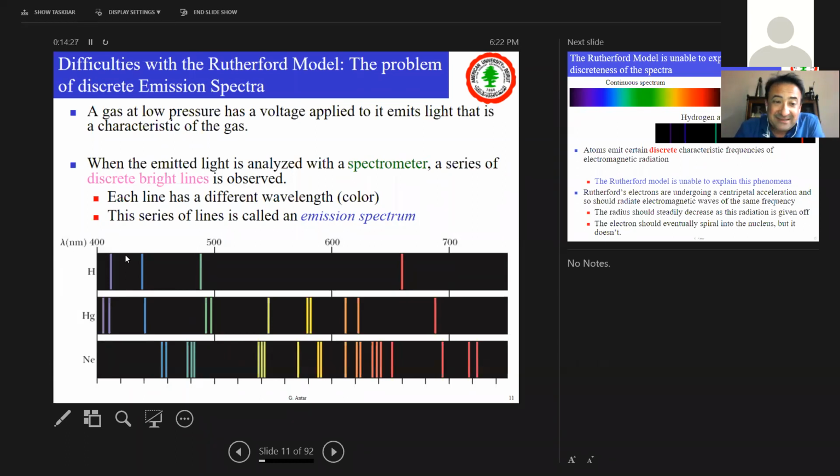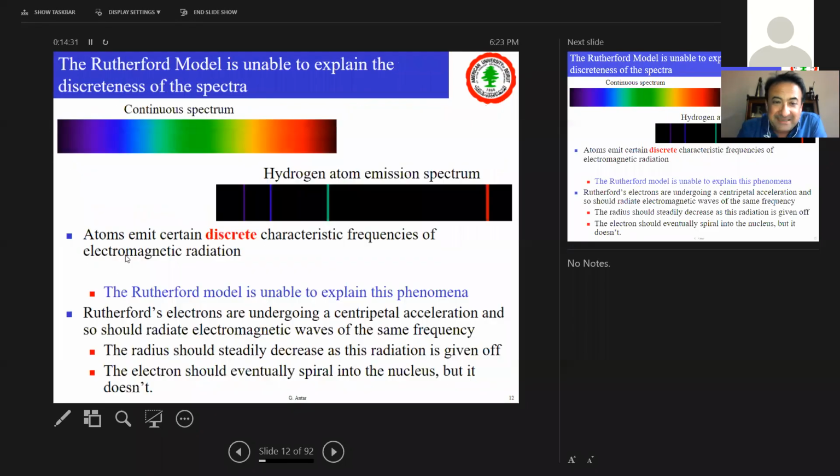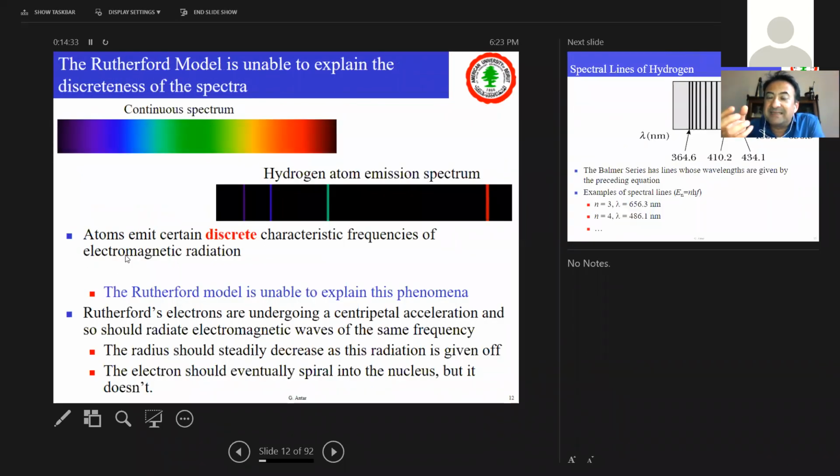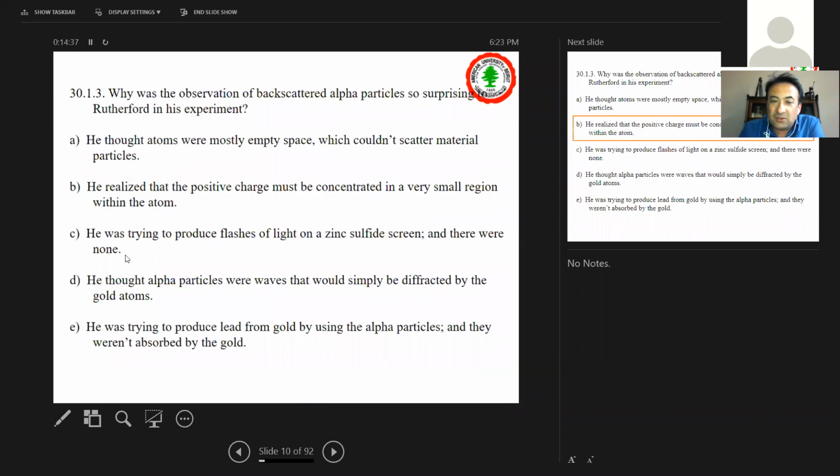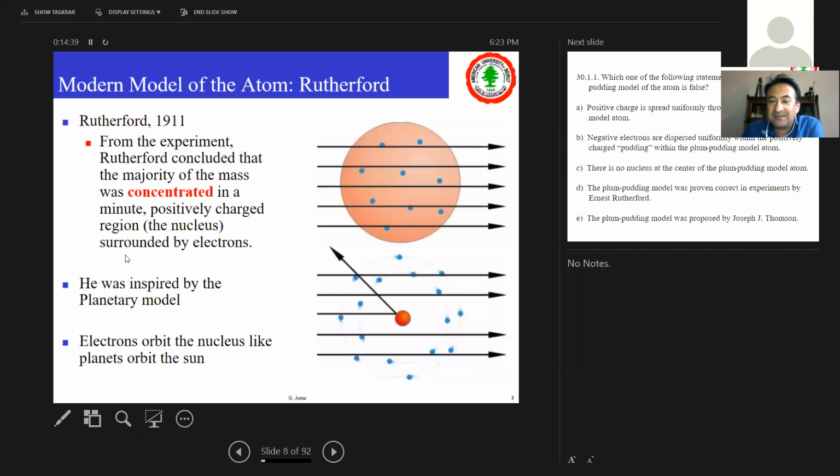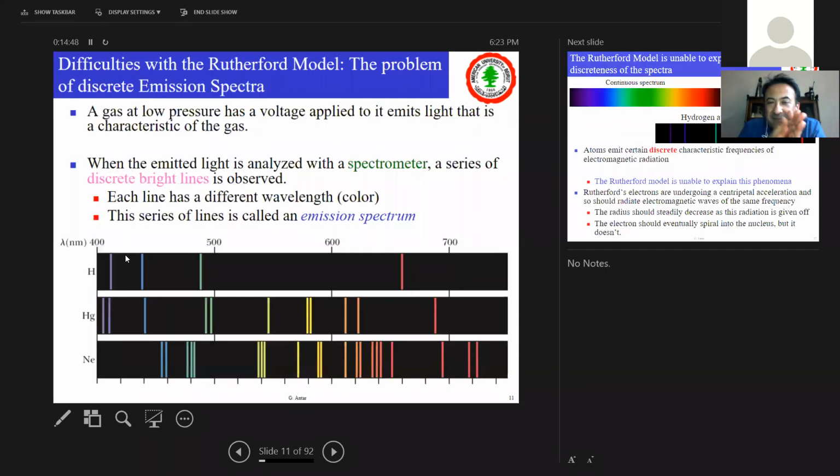Okay, so we have a new challenge now, and that is that the Rutherford model is unable to explain this idea. So basically, these electrons around the protons are not around it in a more or less arbitrary fashion. There is some order, and this order is giving me these rays.